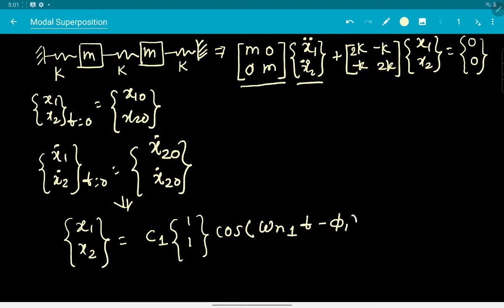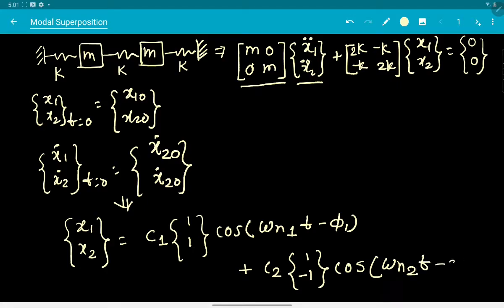This was the first part, and then the second part, C2 times the second mode shape. So you have two mode shapes appearing in this solution.